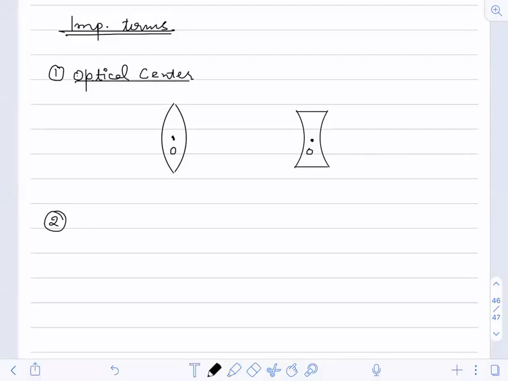The second point is the center of curvature.